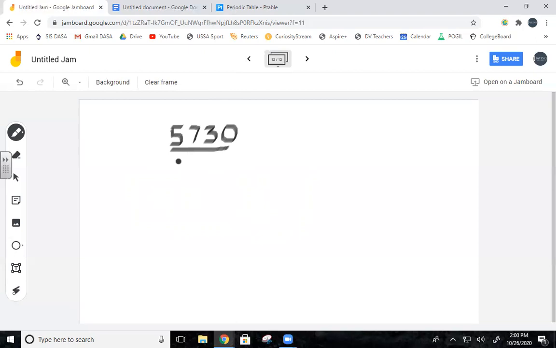I need you to determine the age of something that has 5 grams of carbon-14 remaining. And there are 75 grams of nitrogen-14.